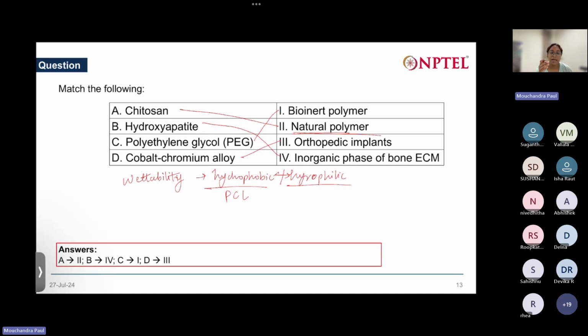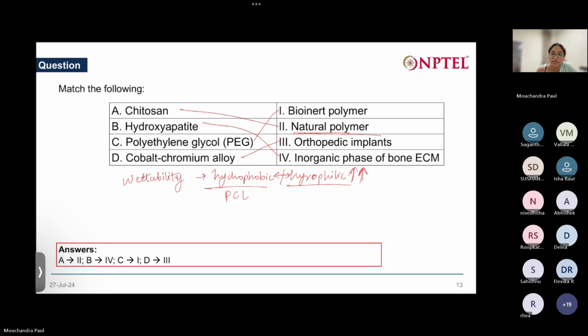Polyethylene glycol is highly hydrophilic in nature. Because of this, the cells are not able to interact with this polymer, and that is why it is called a bioinert polymer.